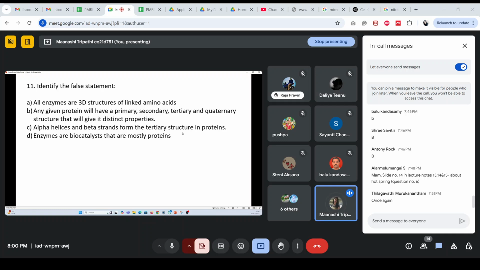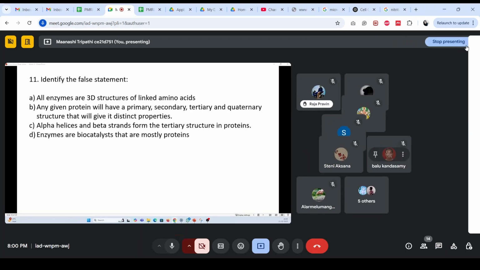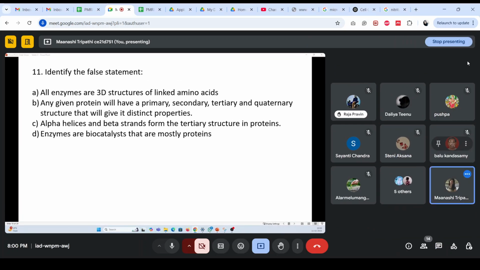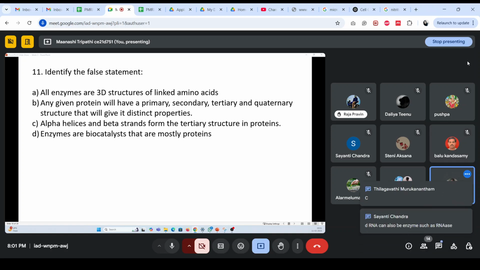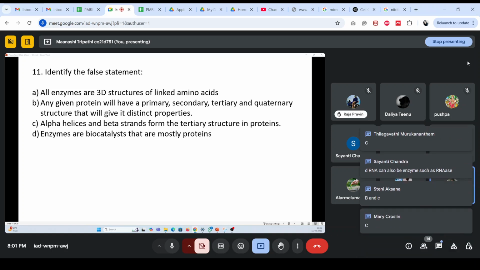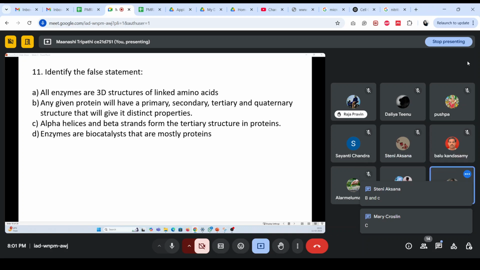Take some time to write the false statement here. I'll give you some time, 2-3 minutes. Please also write the reason for your answer.